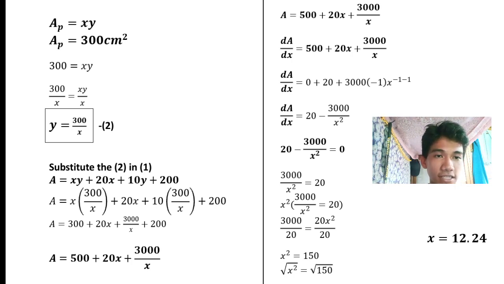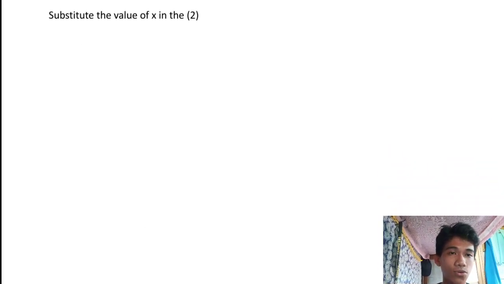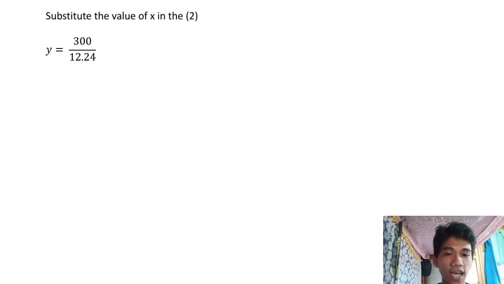The next step is to substitute the value of x in equation 2 to find the value of y. Since y is equal to 300 over x, we substitute the value of x, which is 12.24, in the denominator. So we have y equals 300 over 12.24.